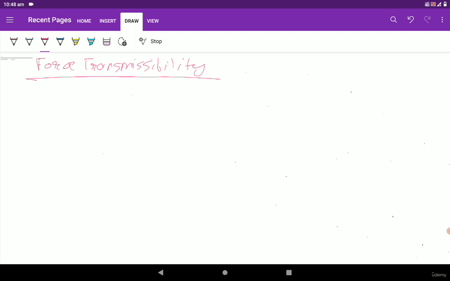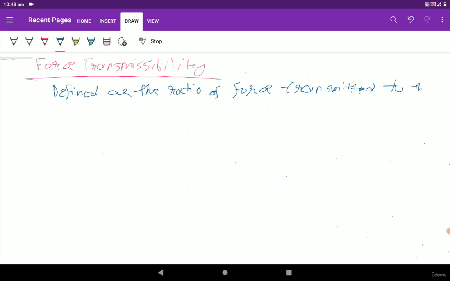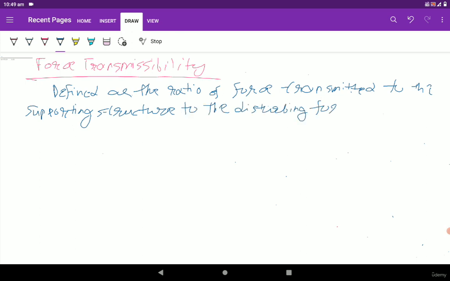So the force transmissibility is defined as the ratio of force transmitted to the supporting structure to the disturbing force acting on the system.